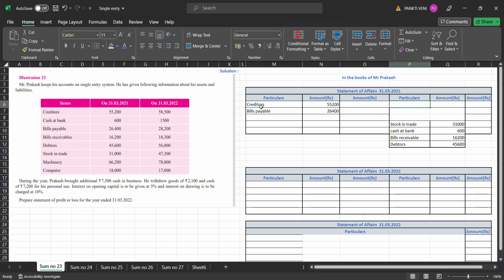I have machinery, that is my fixed asset. Machinery is 66,200. I have computers 18,000. Okay.